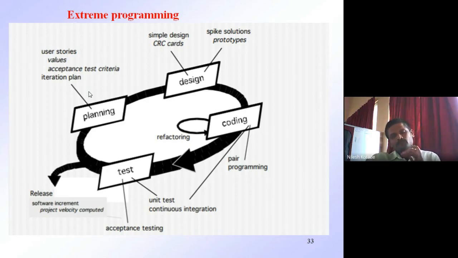Once your user has written the story and assigned business value to it, your development team will get those stories, and they will assign a value depending on the development weeks which will be required to write source code for that story.